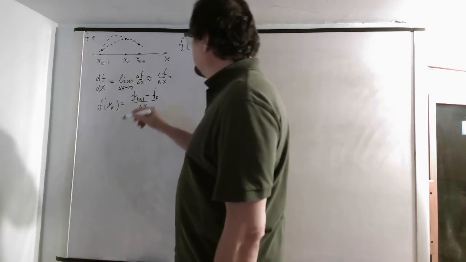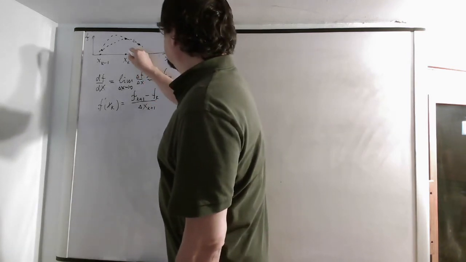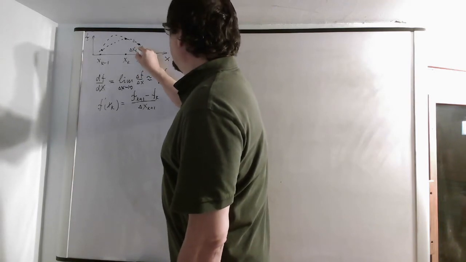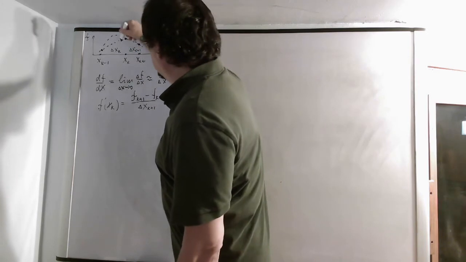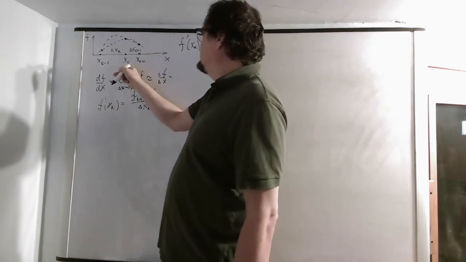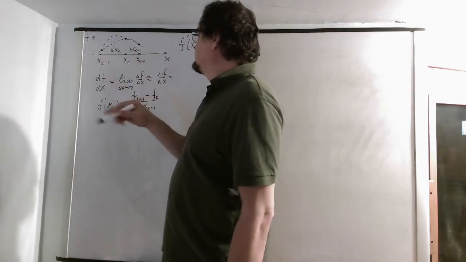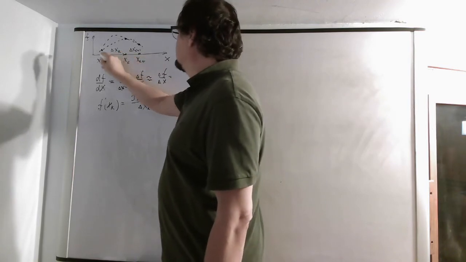I will use this notation: this one is delta xk plus 1, and this is delta xk, just to write it shorter. So xk minus xk minus 1 equals delta xk.